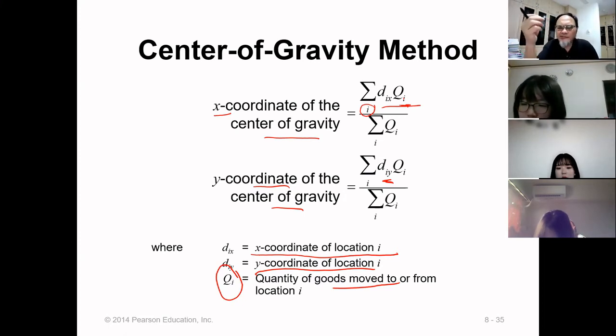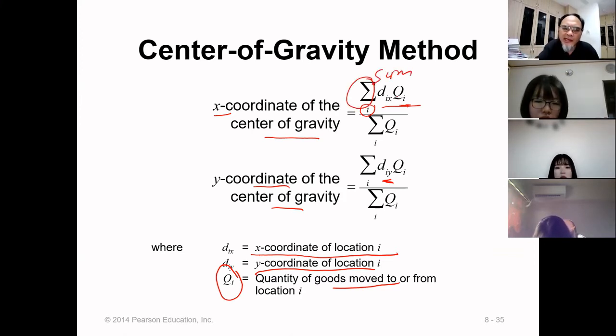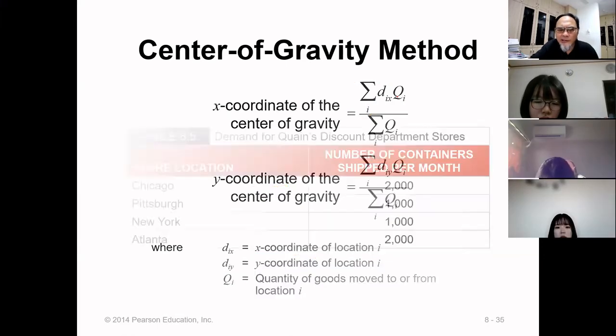But it's linear. It's just 1 times 1,000 plus 2 times 2,000. This is a very simplistic view. There is no integration, no multiplication and so on. It's just adding. This is the sum of dix times qi.